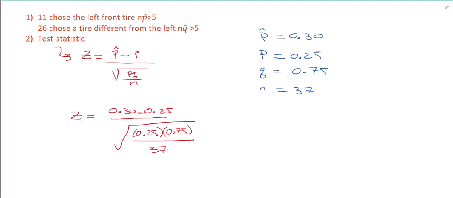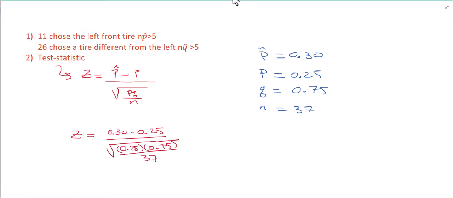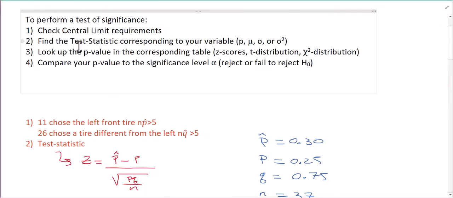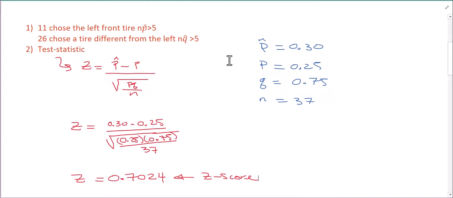And so let's put that in our calculator, which after putting it all through, I get 0.7024. So this is my z-score. And now, right, look at my steps again. Find the test statistic, then look up the p-value in the corresponding table. Because I'm using z, we're going to look up in the z-score table.